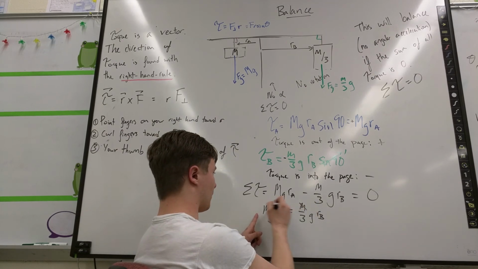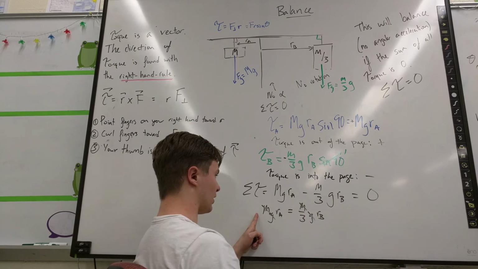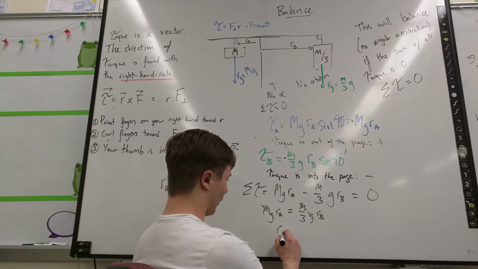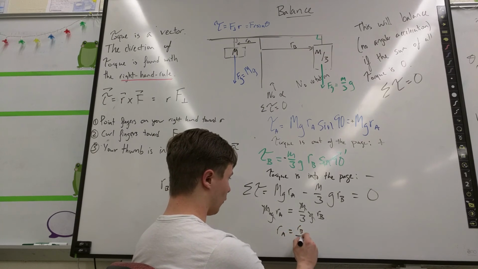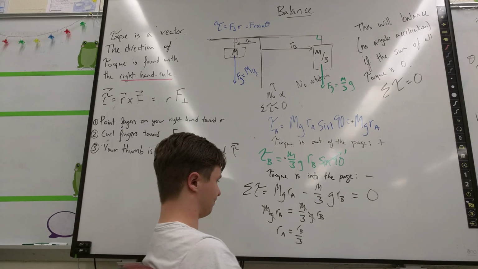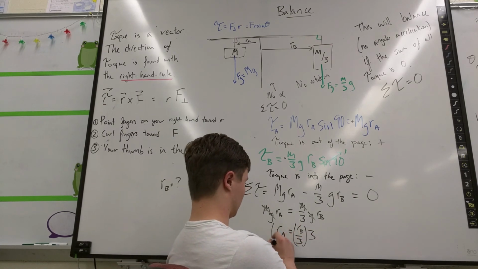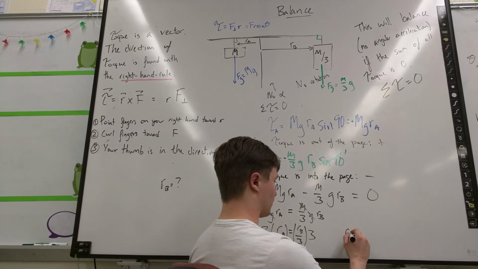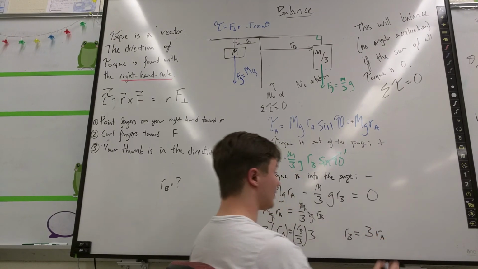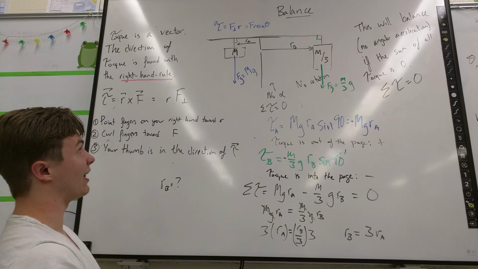Oh, look, there's an m in every term and a little g in every term. And now I have RA is equal to RB over 3. Multiply both sides by 3, and I get an expression for RB, which says that RB must be 3 times the distance of RA.